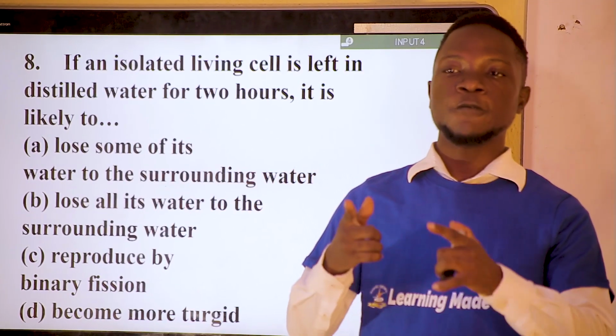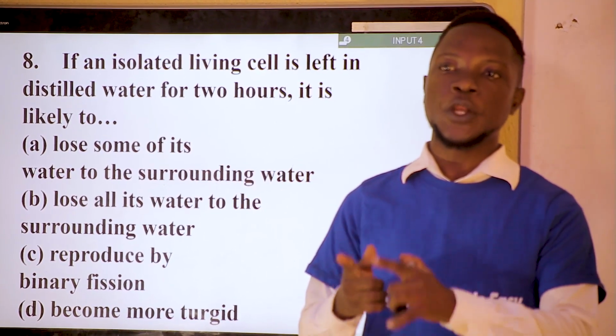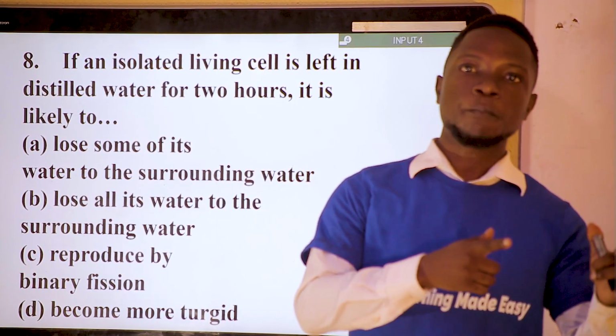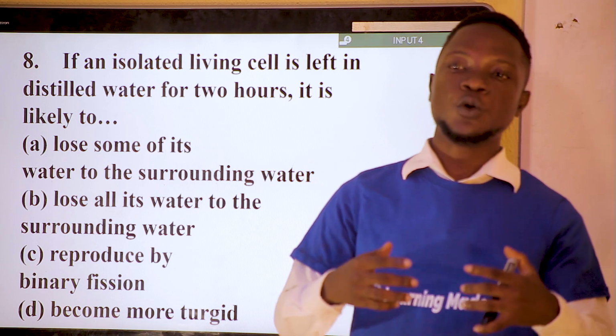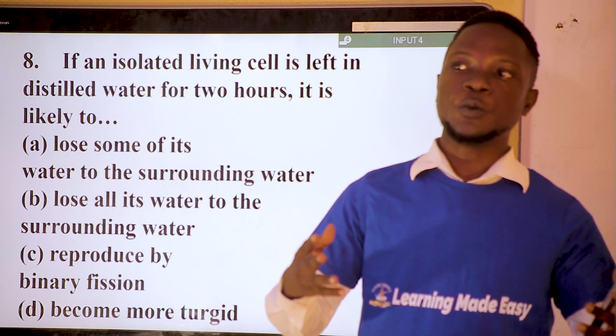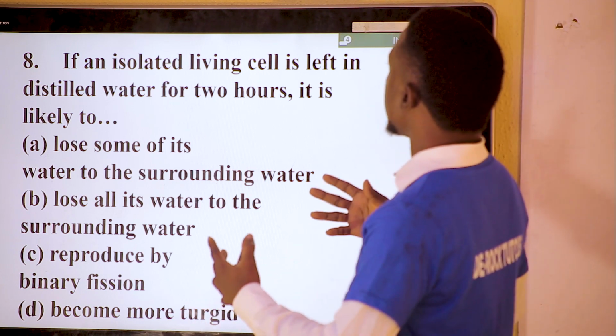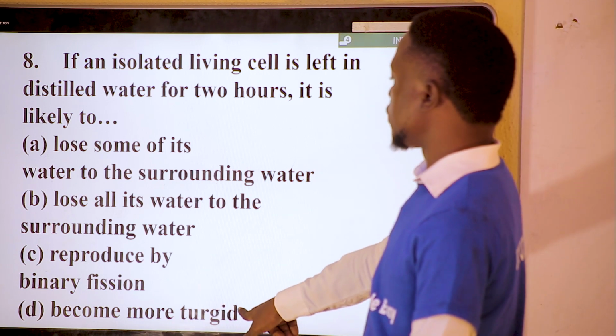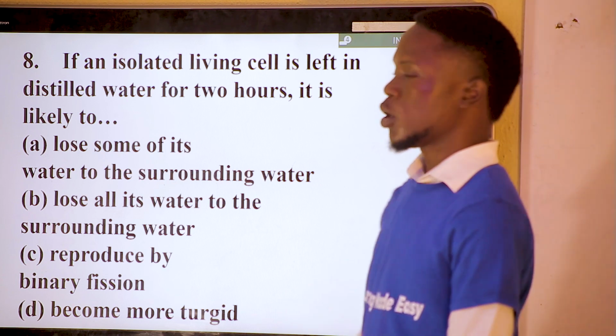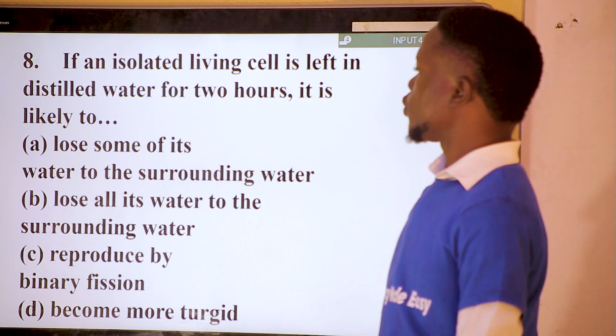So fluid moves from a hypotonic medium to a hypertonic medium. So the cell will become enlarged, swollen or turgid. So that makes our answer option D, becomes more turgid.